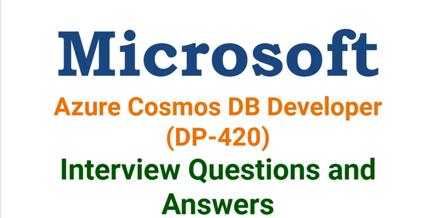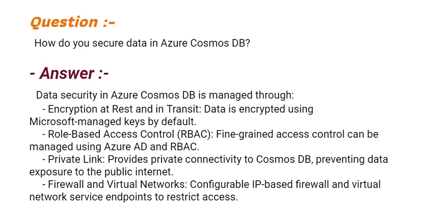The question is: how do you secure data in Azure Cosmos DB? Your answer should be: data security in Azure Cosmos DB is managed through encryption at rest and in transit. Data is encrypted using Microsoft-managed keys by default.